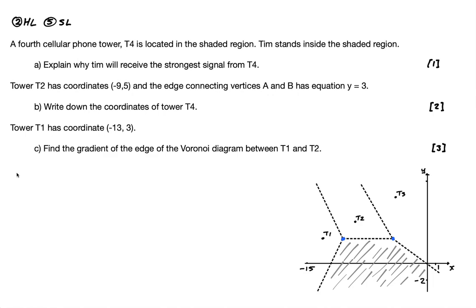Okay, well, if he's in the shaded region, because it's a Voronoi diagram, the closest tower to anywhere in this region is going to be T4. The closest tower to anywhere in this region is T1. Anywhere in this region is T2, and anywhere in this region is T3.